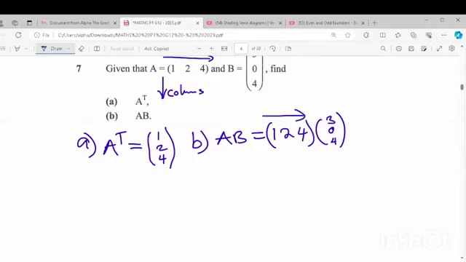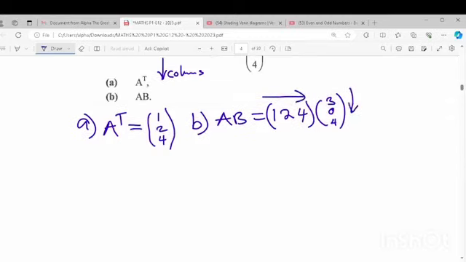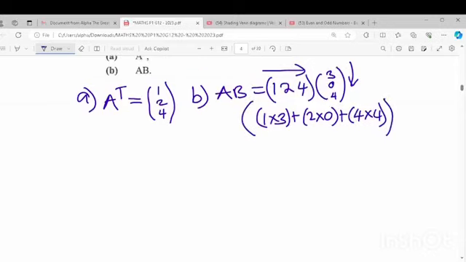So we are going to have 1 times 3 plus 2 times 0 plus 4 times 4, and everything in big brackets like this, because we are dealing with matrices.